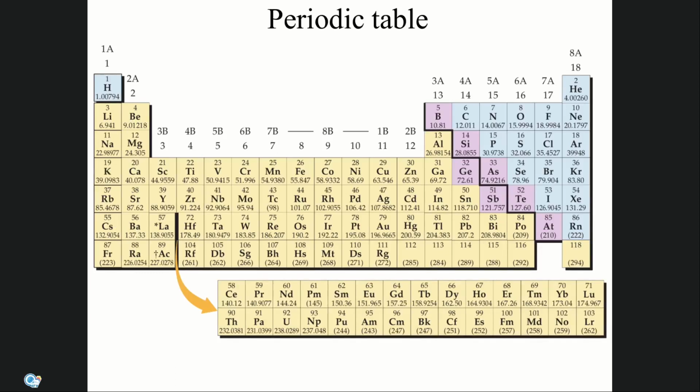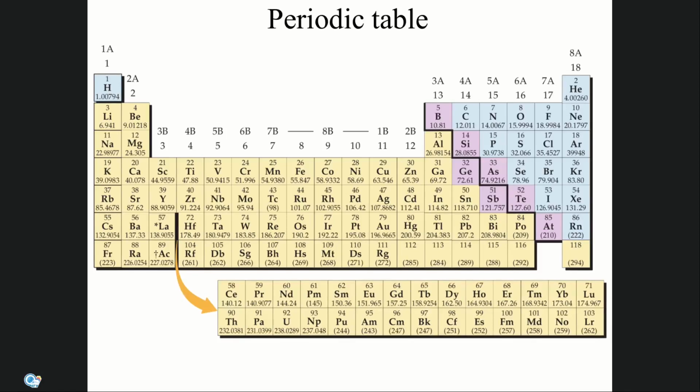Elements of group 7A are known as the halogens. And elements of group 8A are called the noble gases.